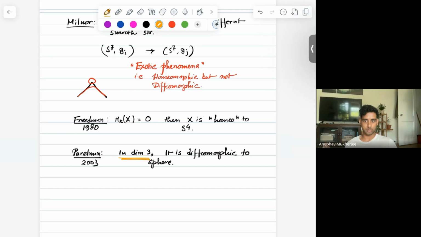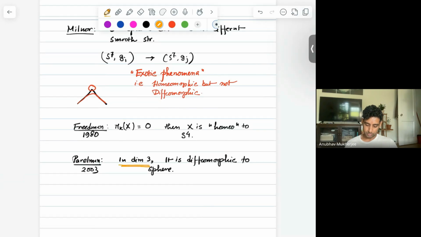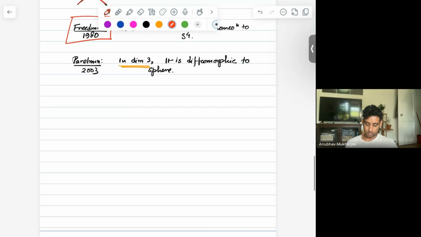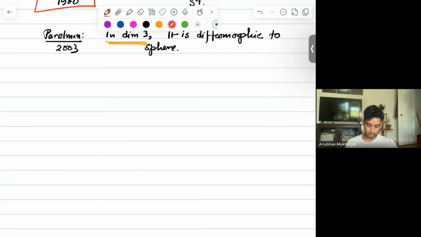Homeomorphic is the same as diffeomorphic. But then there is this one single standout result where it is homeomorphic, but we do not know whether it is diffeomorphic or not. So one of the very interesting open problems right now is the conjecture that S4 has a unique smooth structure.